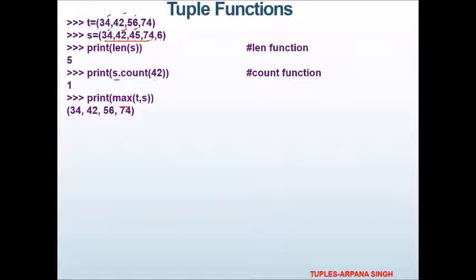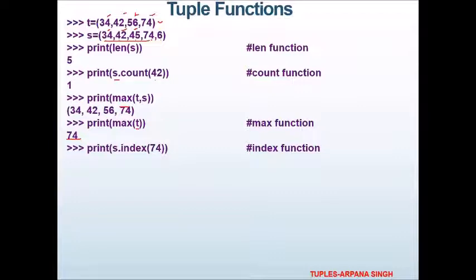In this case, the third element in t is greater than the third element in s, so t is considered the maximum and it will be returned. You can also use max function on a single tuple, in that case it will find the largest element in the tuple. In t, 74 is the largest element, so here you will get 74 as the answer.